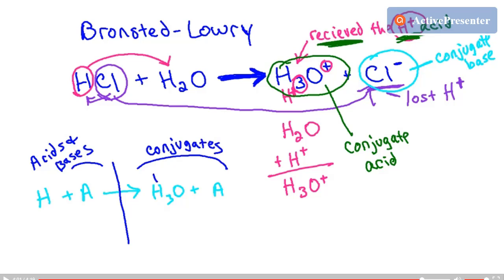So whatever received the H positive that was making it an acid, that's called the conjugate acid. Whatever lost the H, so it's no longer an acid, that's called the conjugate base.